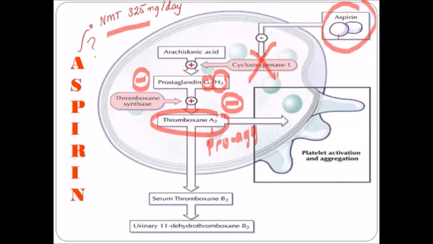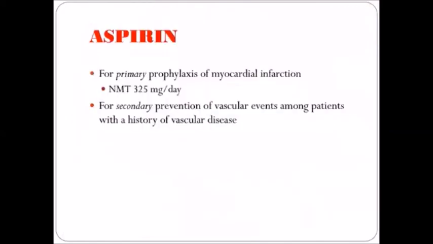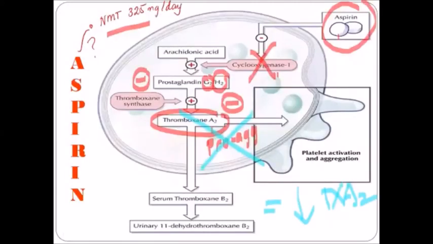Pero, pag gumamit ka ng aspirin, no synthesis of thromboxane A2. Hence, pag gumamit ka ng aspirin, that would result to low thromboxane A2 levels. Okay, bababa ang thromboxane A2 levels. And lowering of thromboxane A2 would mean lesser aggregation, causing bleeding. Okay, that's why ang aspirin ay isang anti-platelet drug kasi ang thromboxane A2 ay nag-act sa platelets.